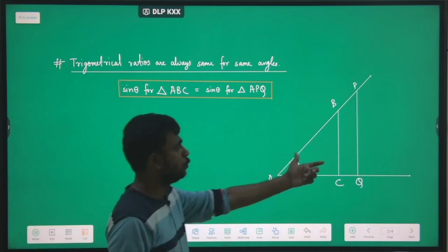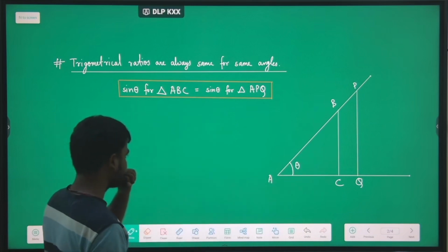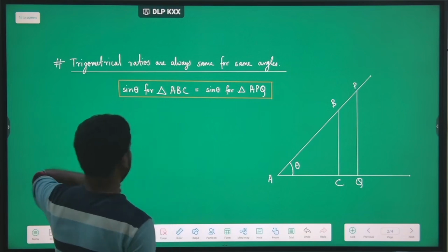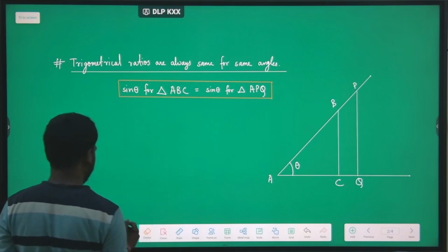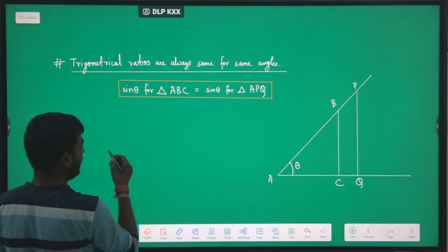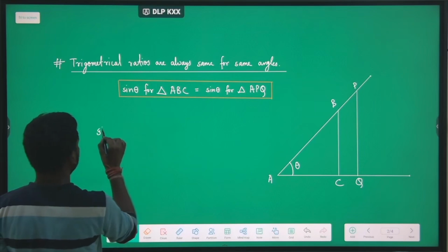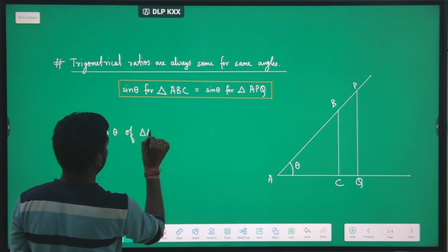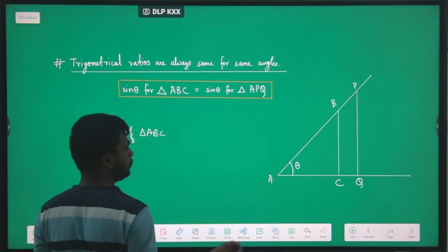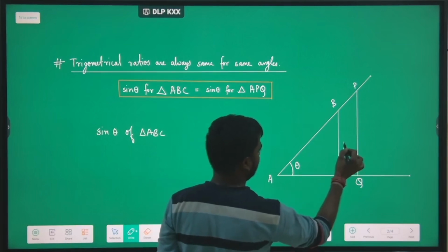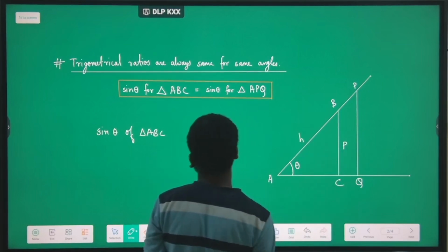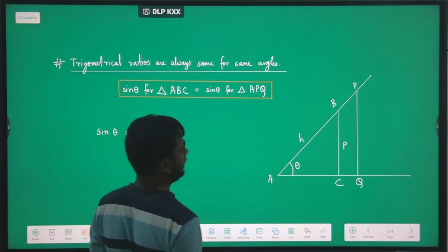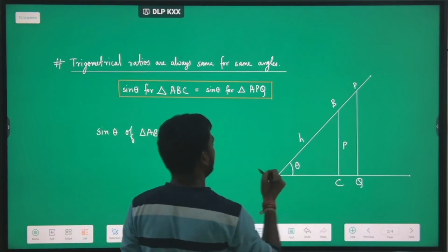So we are given two triangles. First of all, let us think what is sine of angle theta for triangle ABC. For this, P is the perpendicular and H is the hypotenuse. So sine of angle theta for triangle ABC is BC upon AB.